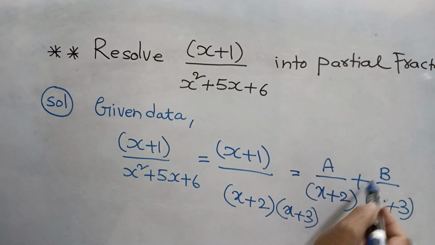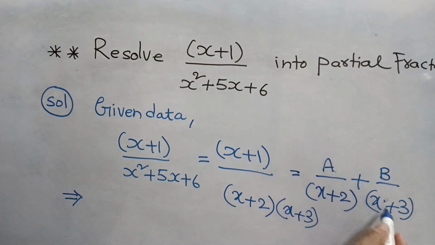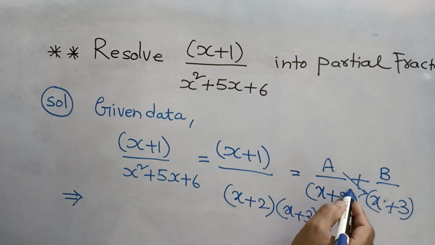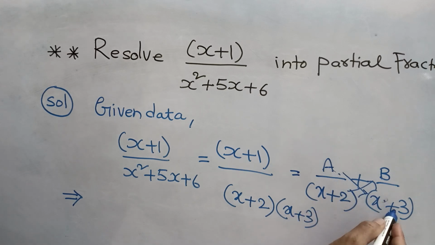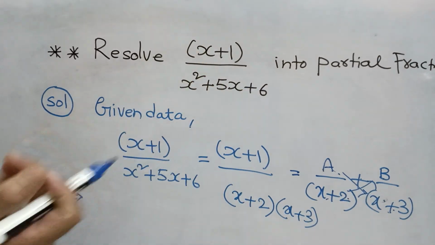And from this, take the cross multiplication here, which implies a into x plus 3 plus b into x plus 2 is equal to x plus 1. That's it, very simple.